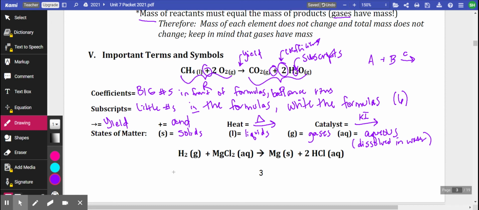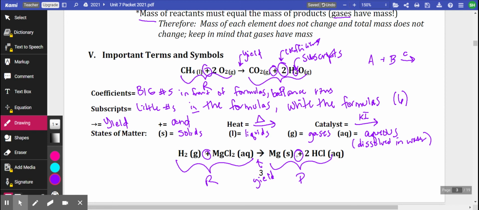So for example, down here, let's try to label this reaction with the different parts of a correctly written chemical equation. So we have reactants here. We have products here. We can see the yield sign. We have our plus signs, which are and, because we've got two reactants and we have two products.